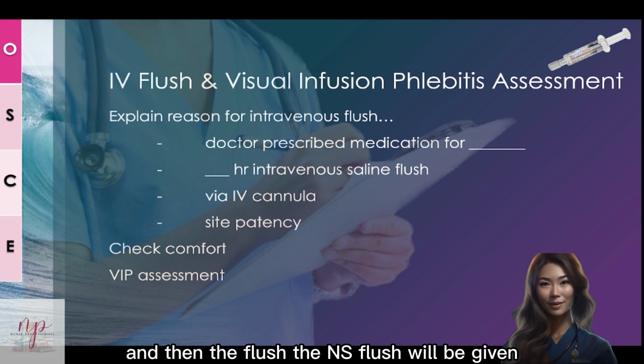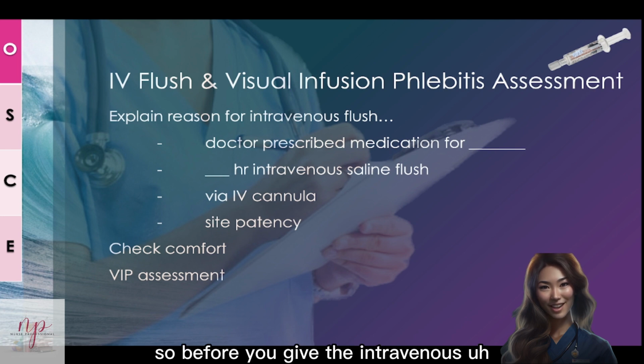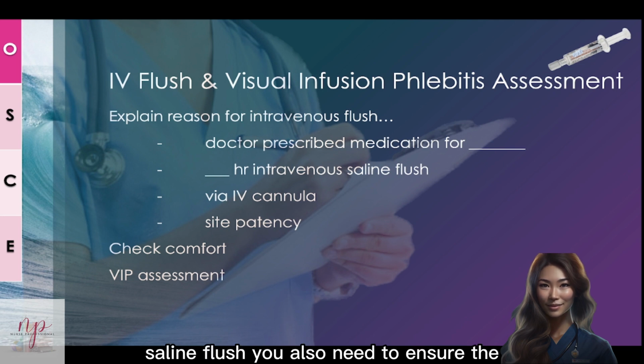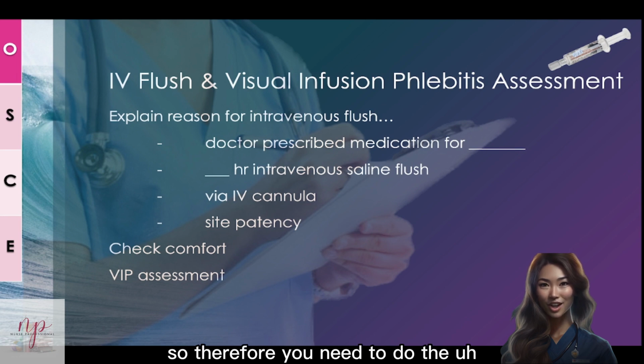The NS flush will be given via your IV cannula or IV catheter to ensure the site's patency. Before you give the intravenous saline flush, you also need to ensure the IV site is patent, so you need to do the VIP assessment.